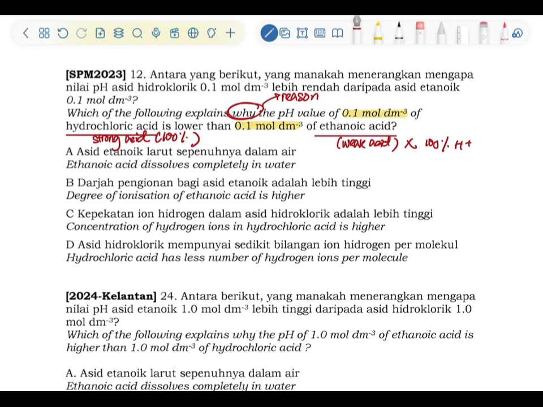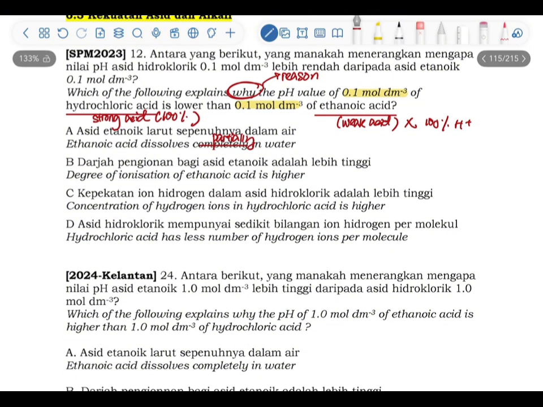A. The ethanoic acid dissolves completely in water. No, it does not dissolve completely in water. It dissolves partially in the water. B. The degree of ionization is higher. No, the answer should be lower, because it is a weak acid, so it ionizes weakly, partially in the water.